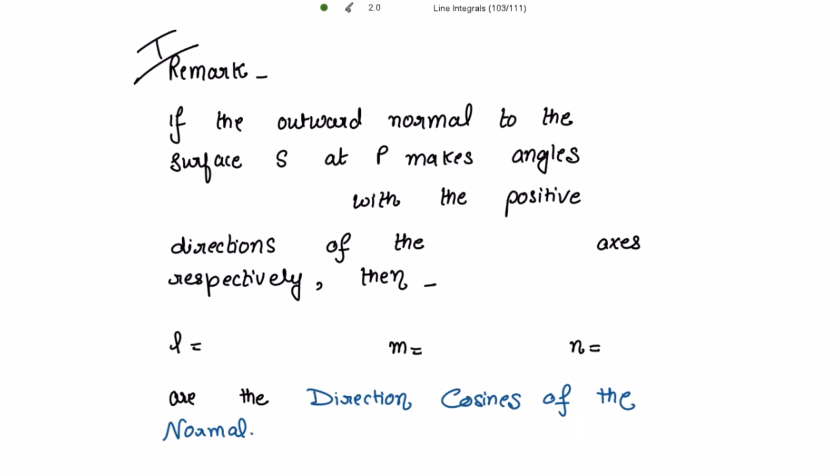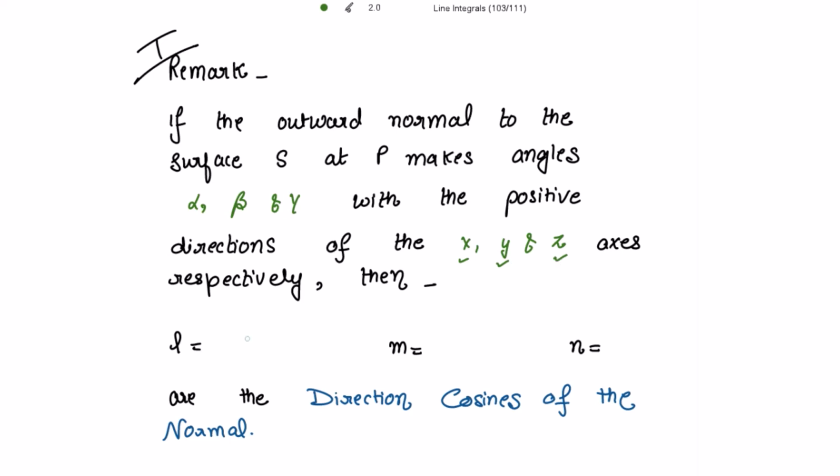The remark is, if the outward normal to the surface S at P makes angles alpha, beta and gamma with the positive directions of the x, y and z axes respectively. That is, the outward normal is making angle alpha with the x-axis, angle beta with the y-axis, and angle gamma with the z-axis, right?